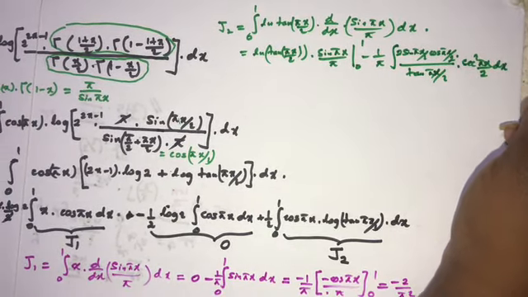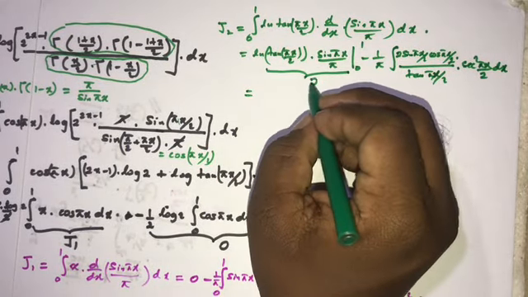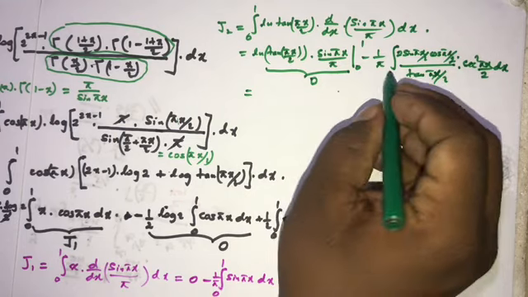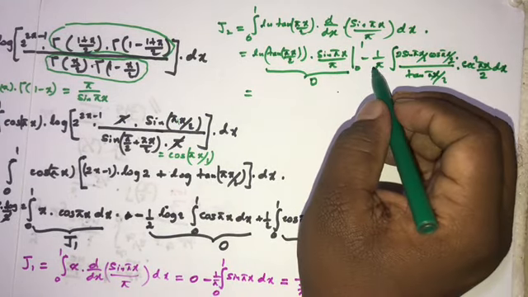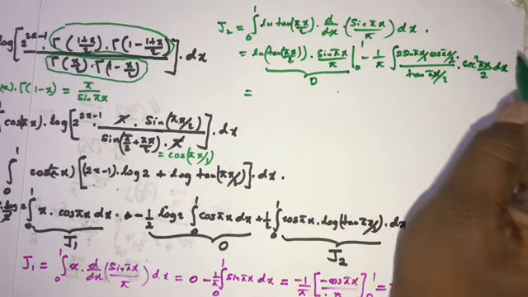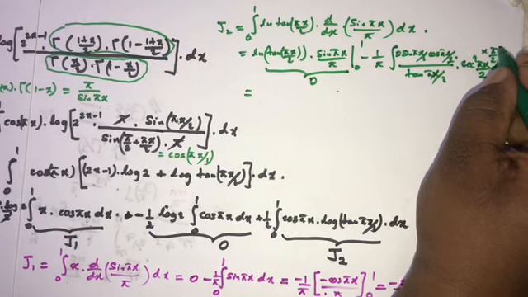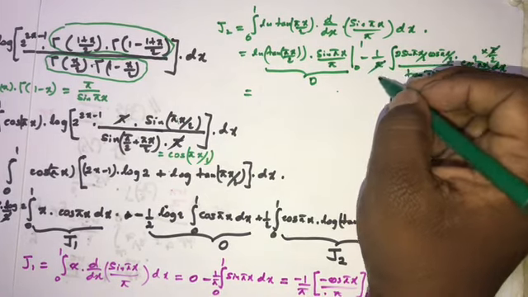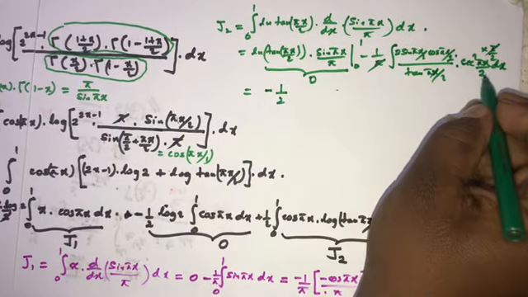Okay, then we can simplify. Now this is equal to 0, and here, sorry, we should multiply by pi over 2, and this pi gets cancelled, and here we have minus 1 over 2.